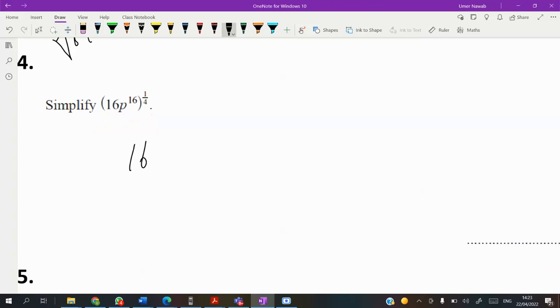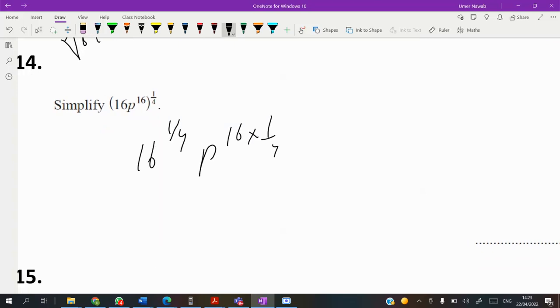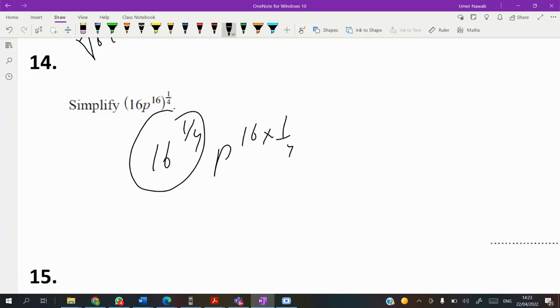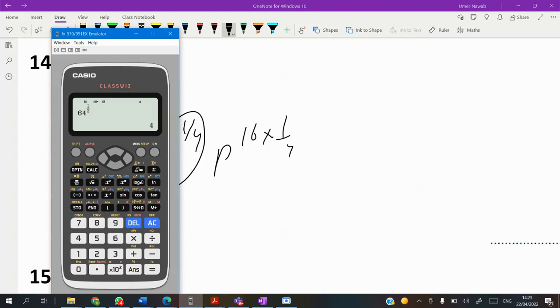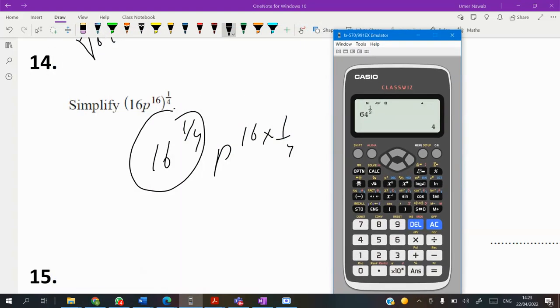Share the power, 64 1 over 4, p 16 times 1 over 4. So I want to take the fourth root of 16. We know that answer is 2, but it's better to use the calculator, because I know many students cannot keep these rules in their mind. So 1 over 4, it gives us 2.